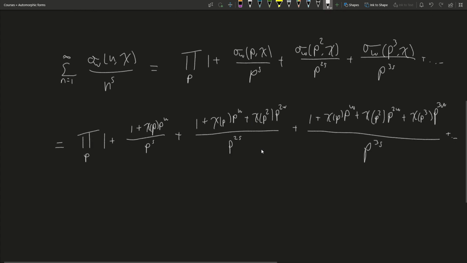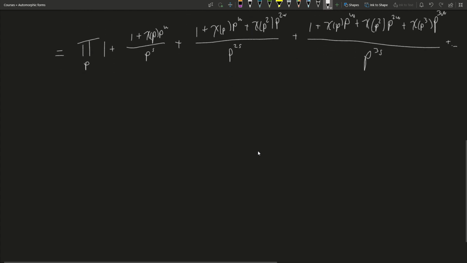So here let's just clean these up and let's write them as infinite sums or finite sums in the case of these numerators. So it's a product over p times the sum over the powers of p. So I'm going to say r goes from 0 to infinity, and then each term is 1 over p to the rs.